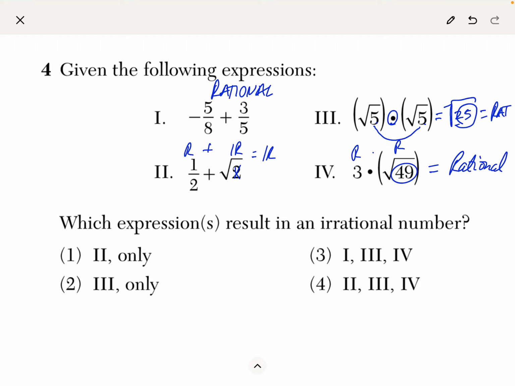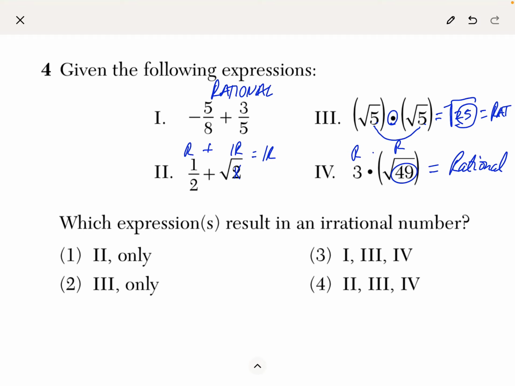It's like going 3 times 4, you get 12. You can never multiply 3 and 4 and get an irrational number. If you multiply 2 integers, you're always going to get another integer. You'll never get a decimal or a fraction. When you multiply 2 rational numbers, you're always going to get another rational number.